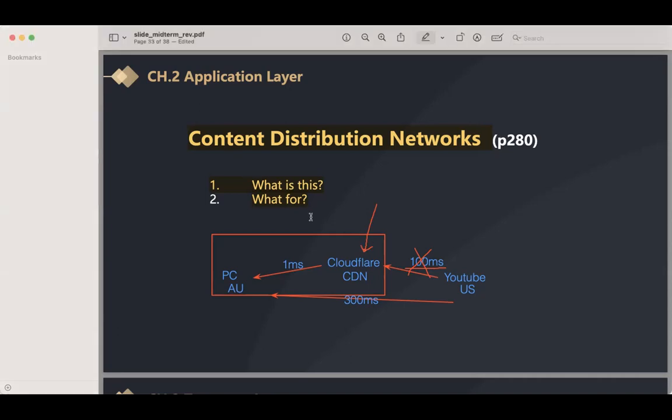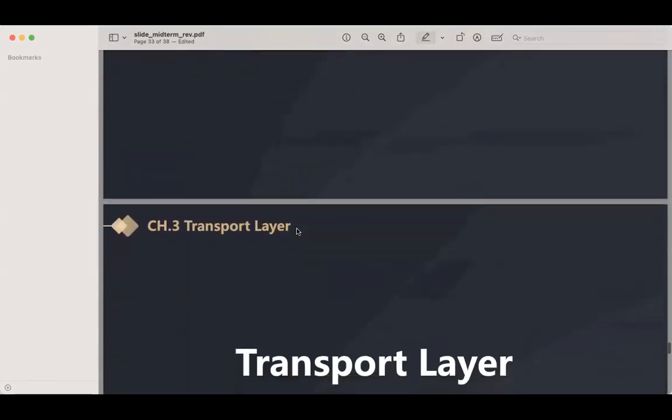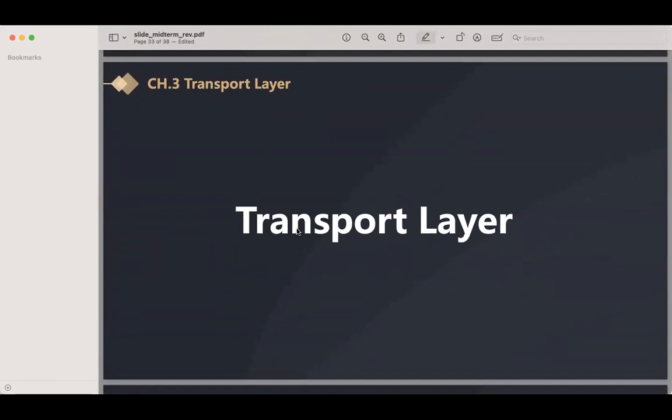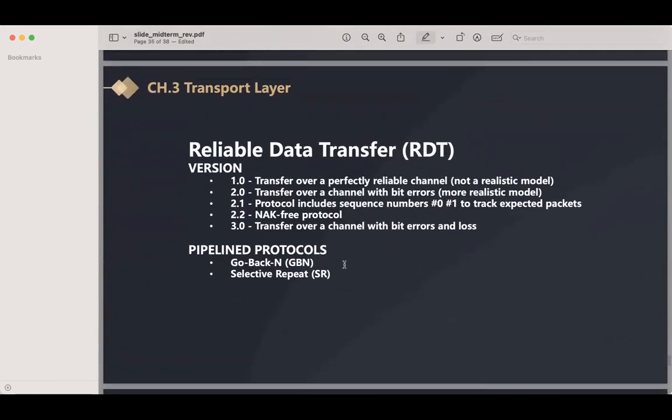So just go through the slides and then you will understand how CDN works. And CDN is optional in the midterm exam, could be tested and may not be tested. It really depends. And for reliable data transfer, it's about the transport layer. So we come to the transport layer right now. The thing that will be tested is the versions of it.